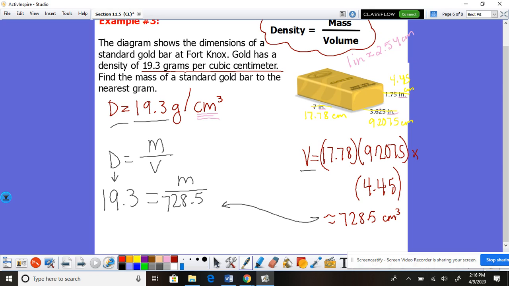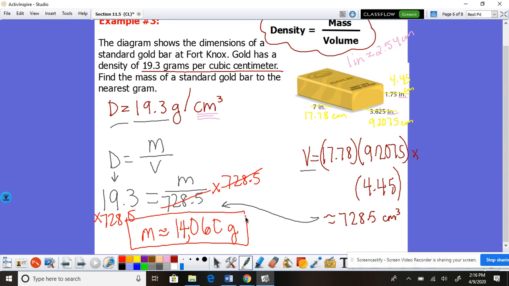Now to solve for mass, all I do is multiply 728.5 on both sides. So I get my mass is roughly, that's big, or to the nearest gram, 14,060, and that would be in grams. So pretty heavy.